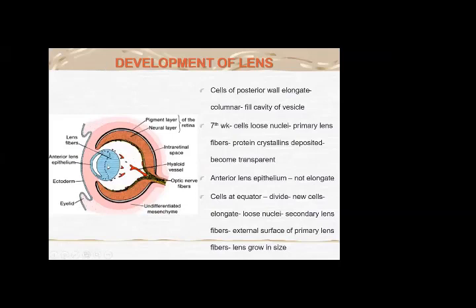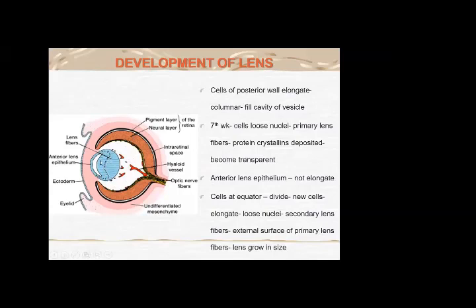These cells that line the posterior wall of the lens, these cells that become columnar, lose their nuclei, and since they lose their ability to multiply, they are called primary lens cells or primary lens fibers.